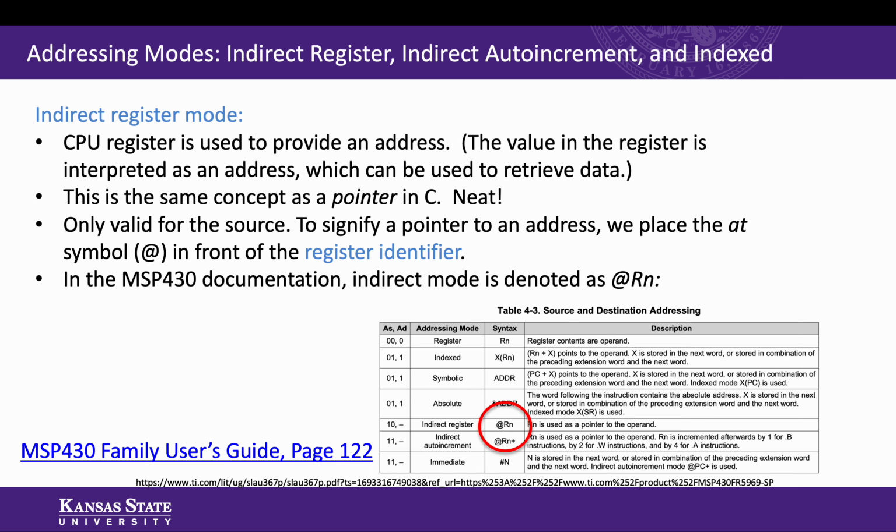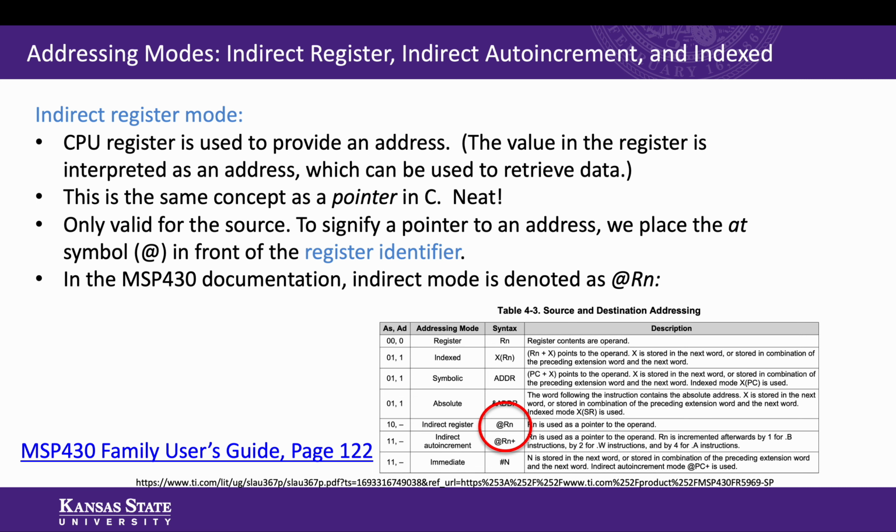So if you know C pointers, this is the exact same concept, which is one of my favorite concepts, really, in programming. And we're going to talk about why we would do this, and if you already know why C pointers exist, then you're ahead of the game, so to speak.